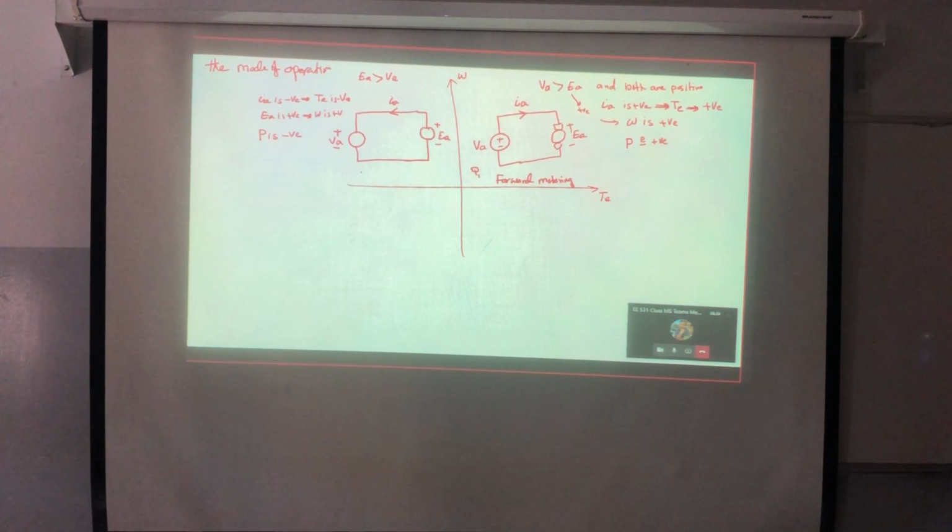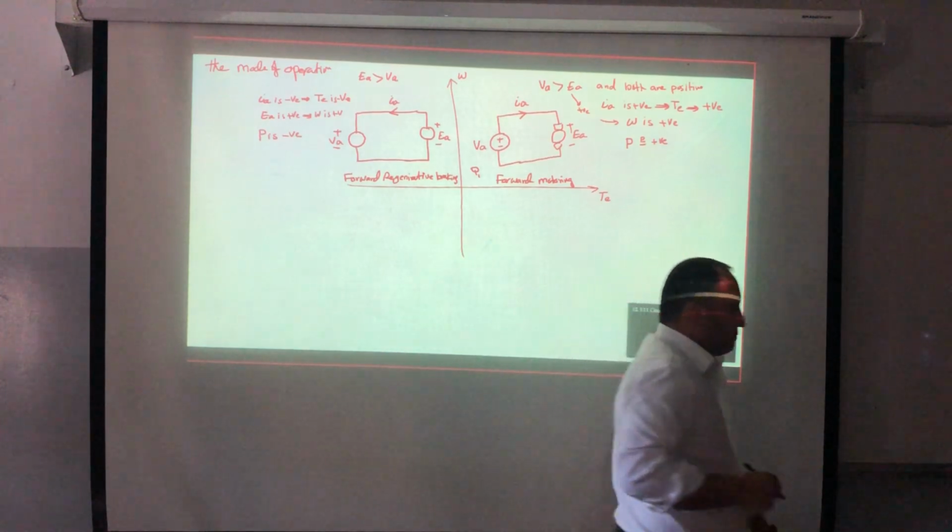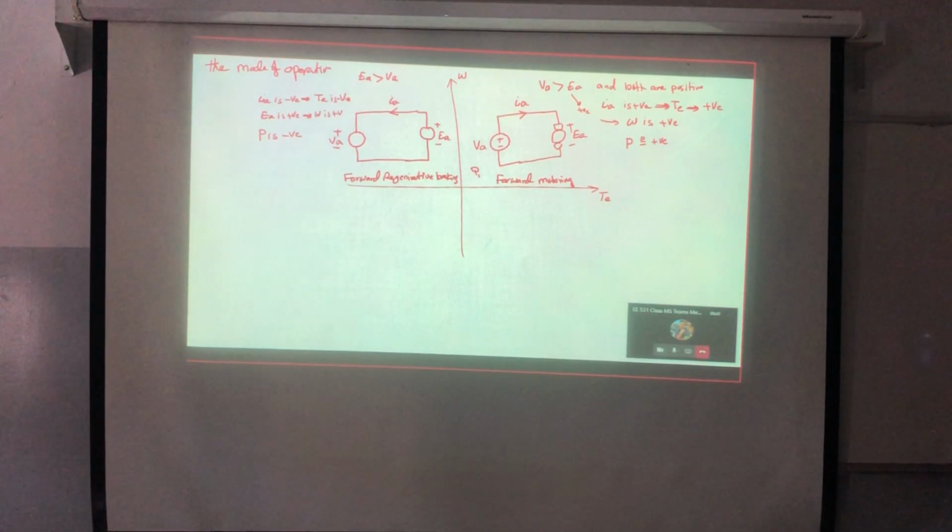So this is what we call forward regenerative braking, which means that the machine is acting as a generator, and the power will flow from the machine to the supply. And this is what we call the Q2 mode of operation. Now, let's see here.